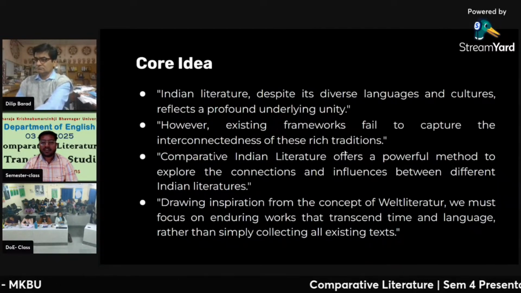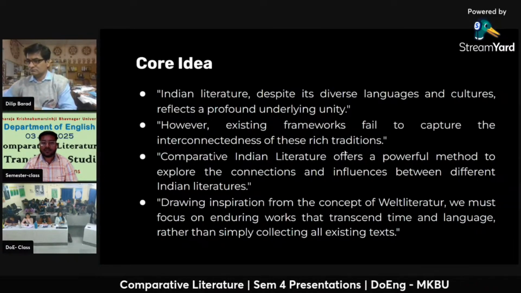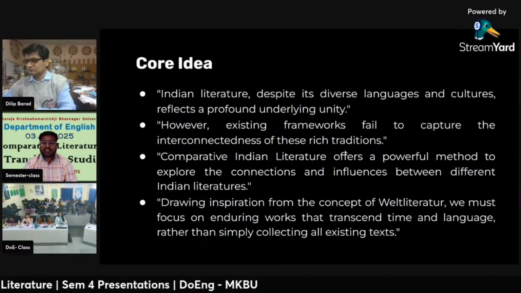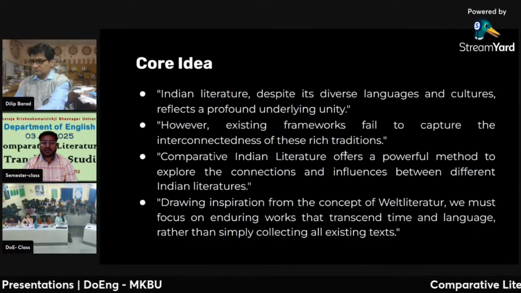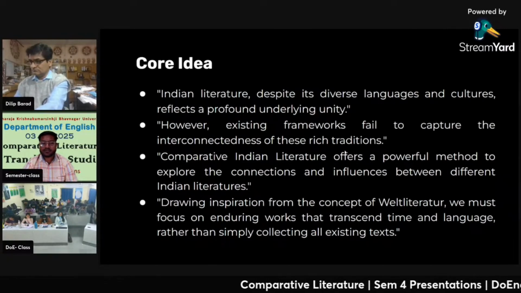However, existing frameworks fail to capture the interconnectedness of these rich traditions. Then, comparative Indian literature offers a powerful method to explore the connections and influences between different Indian literatures.